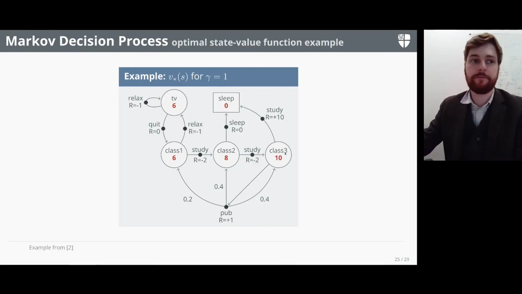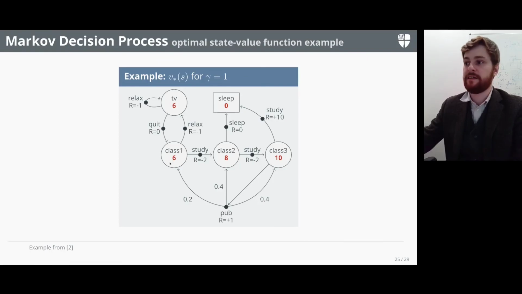And if we back up now with that optimal value function and look at class 2, then we can either choose to sleep with a value of 0, or we can study and get a nice juicy value of 10. But we get -2 along the way, so the value is actually 8. And backing up to class 1, we again lose 2 reward, so the optimal value is 6.